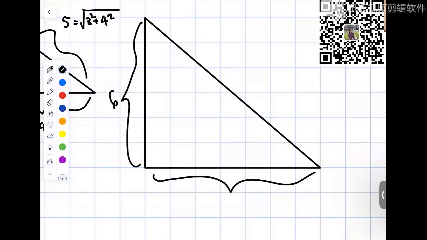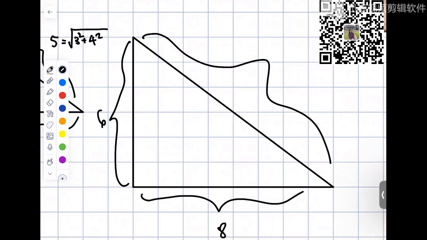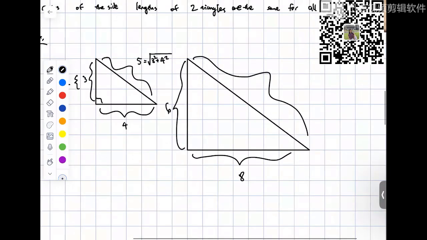Or wait, oh, you're right, I did draw that incorrectly. What about this? 8. Yeah. And now what's this long one, the hypotenuse? You can use the Pythagorean theorem, or you can think about similarity. 10. Yep, exactly. And you can also see that 10 equals the square root of 6 squared plus 8 squared.